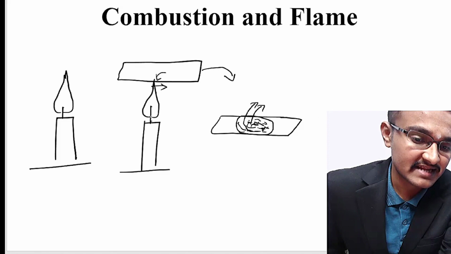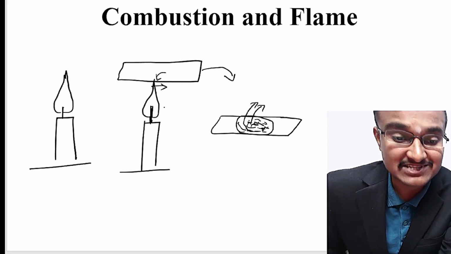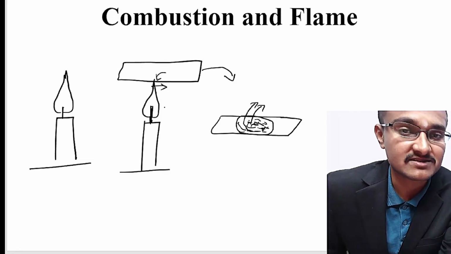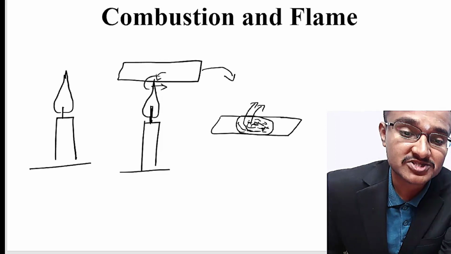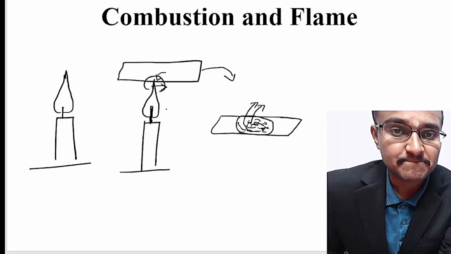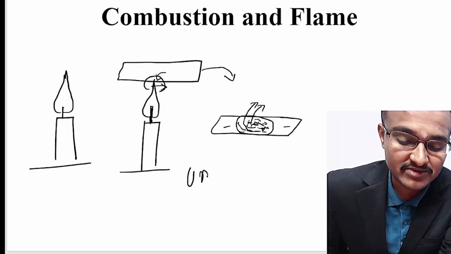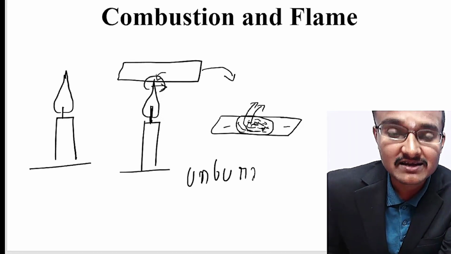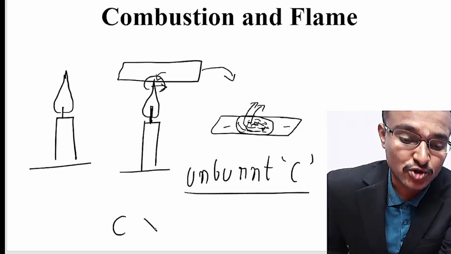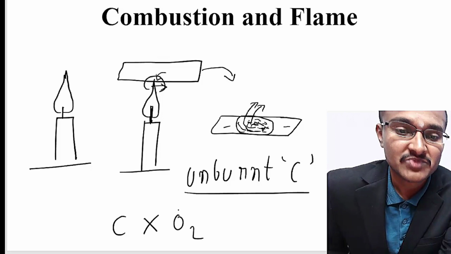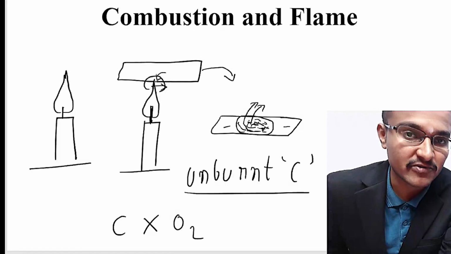You might have seen that carbon present in this substance was reacting with oxygen and giving us heat energy and light energy. But the unburnt carbon on the tip of the flame got deposited on this glass. What we mean by unburnt carbon is carbon which has not reacted with oxygen molecules and has reached the tip of the flame.